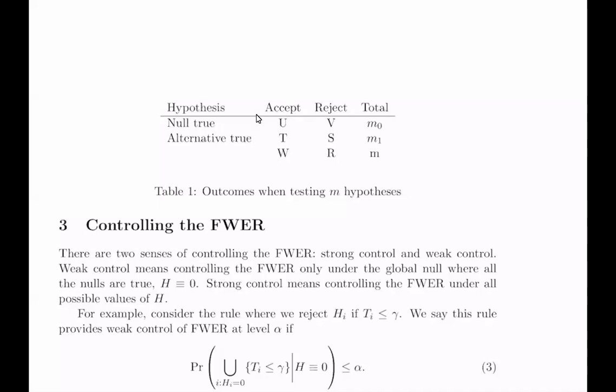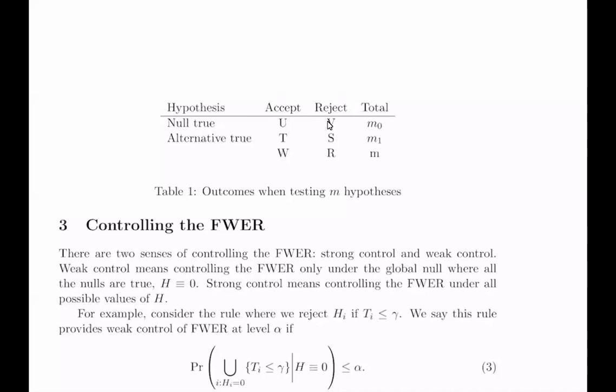So when you reject the null hypothesis and the alternative is true, this is good. So S is good. If you accept the null hypothesis, or maybe I should say don't reject the null hypothesis and the null is true, then that's good. And then the mistakes are the V and the T. So here, these numbers here represent the number of hypotheses you reject when you apply a given rule.